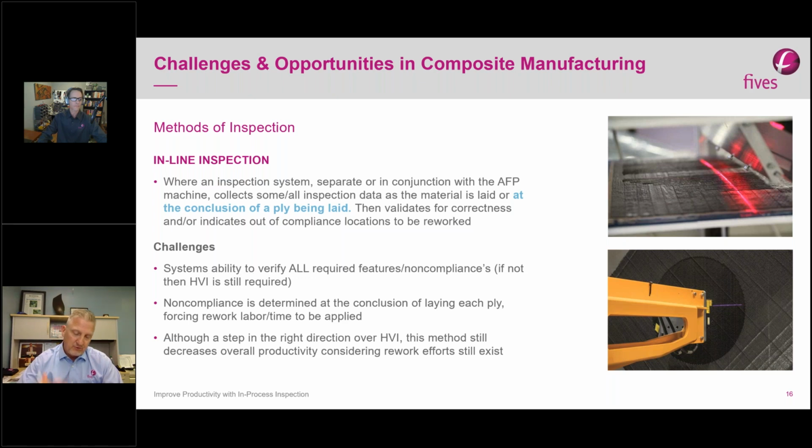Some sort of an overhead laser template points out where the non-compliances are, and someone goes in and does the rework. This itself is a big step forward over HVI, the human visual inspection, but there's still a lot of time used, mainly in the rework portion, because when non-compliance happens, it still needs to be reworked, because you've allowed the machine to lay the non-compliance.